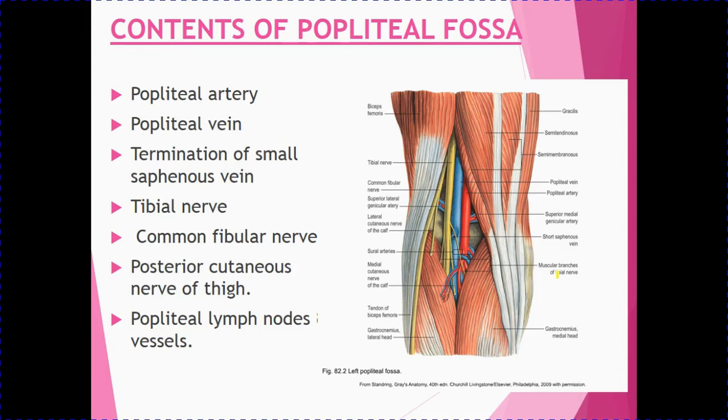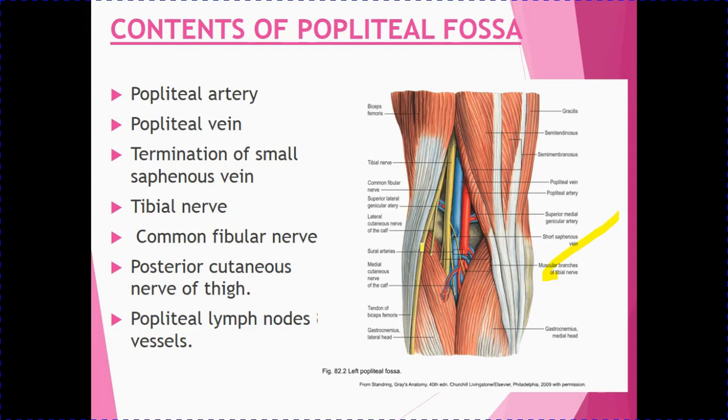Okay? Let's go. Before we move to the contents, we will just revise the boundaries. We said that the popliteal fossa is a diamond-shaped fossa present behind the knee joint. It has a roof which is formed by the skin and the fascia.